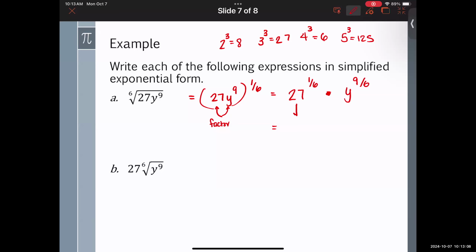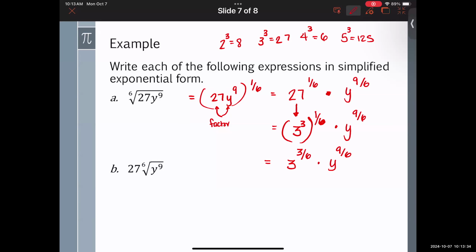So I know the 27 is 3 cubed. So this is 3 cubed being raised to the 1/6 power times y to the 9/6. So this is 3 to the 3/6 times y to the 9/6. Now, can you simplify those two fractions?